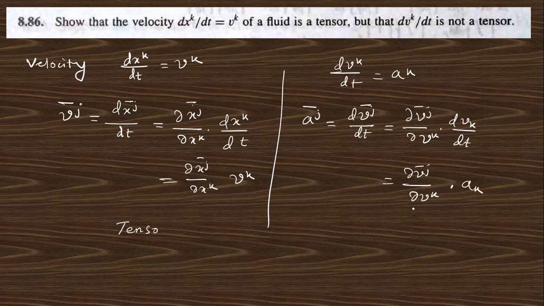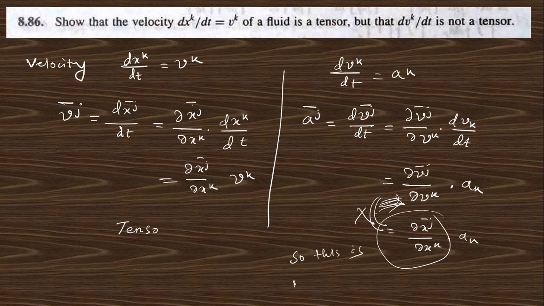But this does not satisfy the transformation, because you need to get the form like that, but you did not get that, you get this one. So these two are not equal, so this is not a tensor.